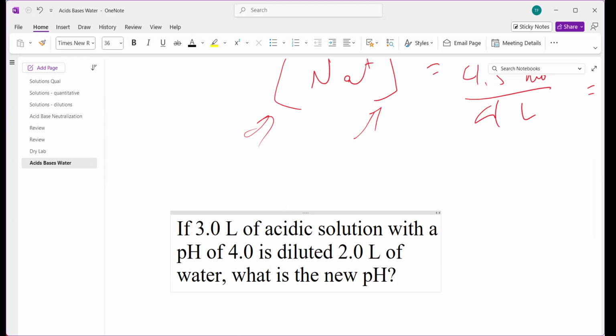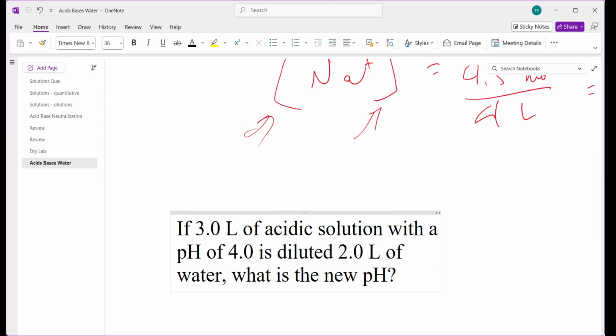So we have 3 liters of acidic solution, pH of 4. Dump in 2 liters of water. What's the new pH?